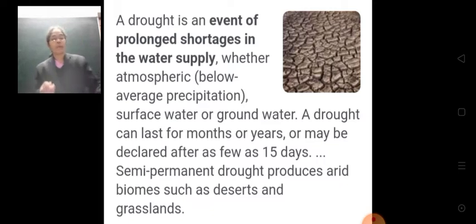And a drought may last for several years. Sometimes a drought may last for several years, but it is a temporary occurrence. It is not necessary that the particular area remains in drought all the years. Sometimes after some years there are chances of rainfall.